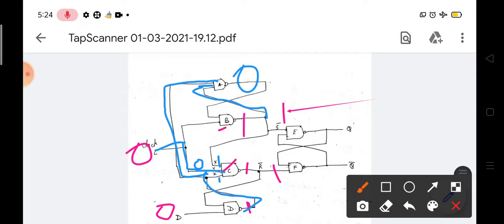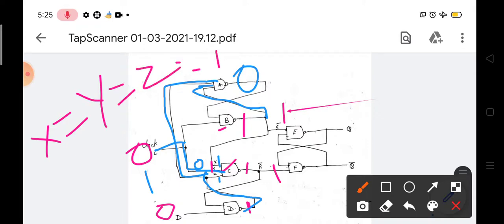Now when the clock goes to 1, the state of the clock changes, and your y also becomes 1. When the clock goes to 1, then x equals y equals z equals 1.